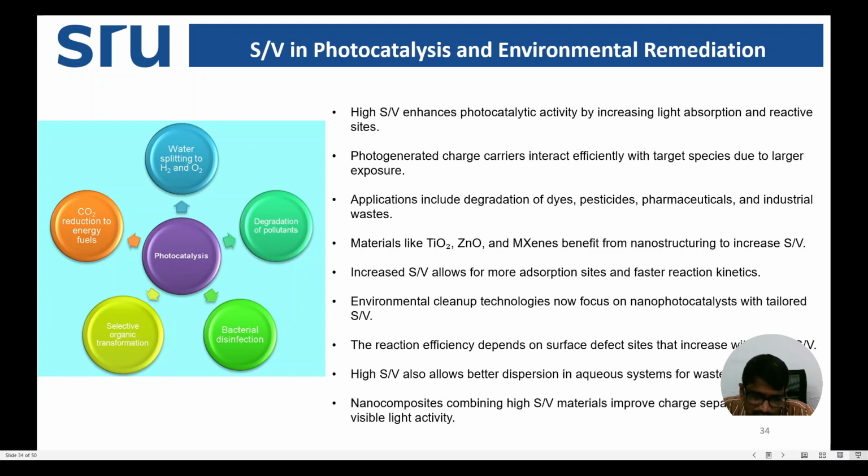By using a higher surface to volume ratio, we can absorb more light, and more active sites will take that energy and participate in the activity. So that's why surface to volume ratio is very crucial in applications related to photocatalysis.